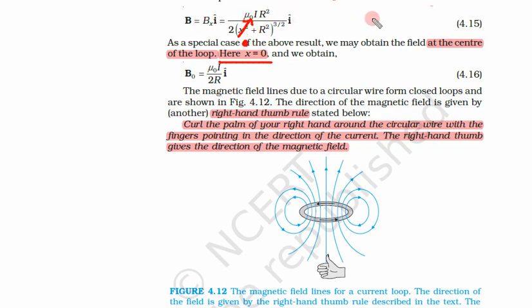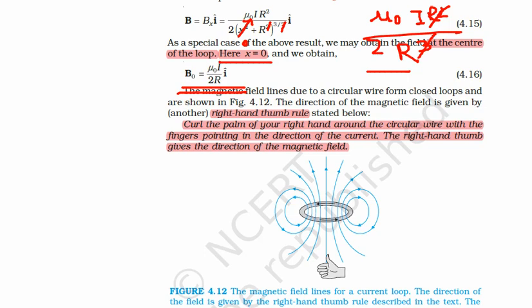So what we have is mu naught I r square upon 2 into r square to the power 3 by 2. So we will have r cube, because this 2 and 2 get cancelled out. This r cube, two powers will get cancelled by this r square. So we have mu naught I upon 2r.